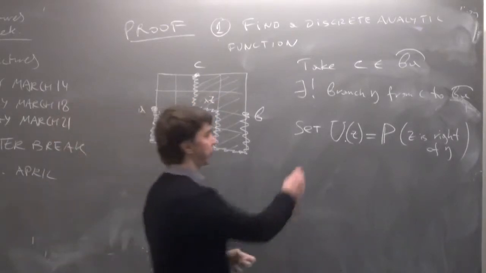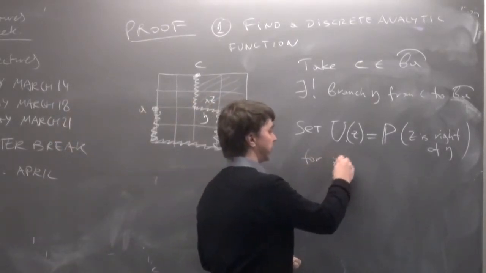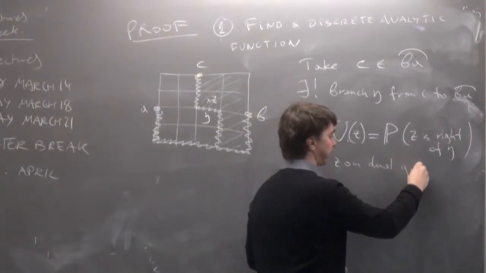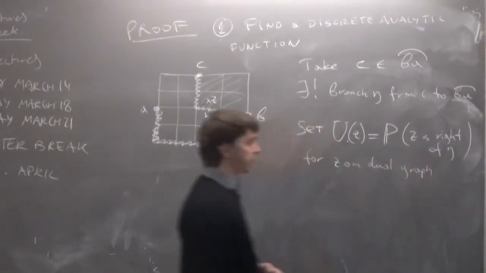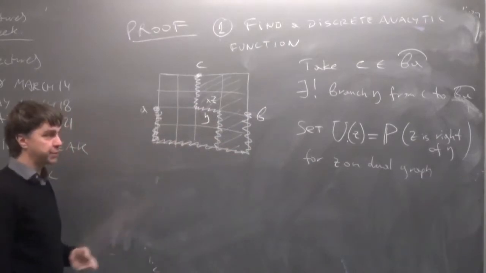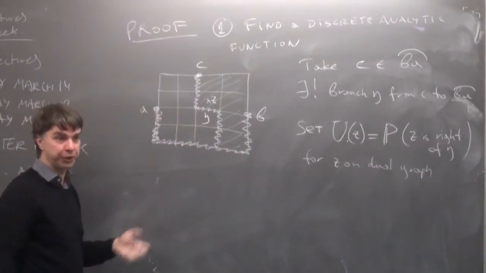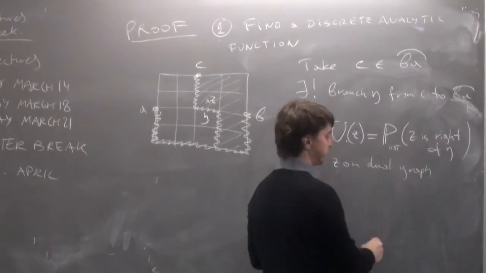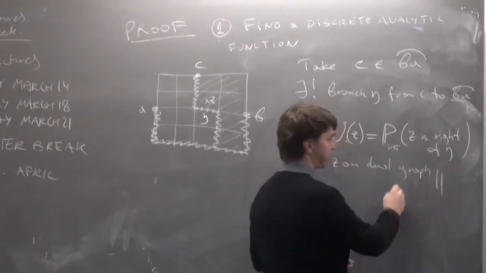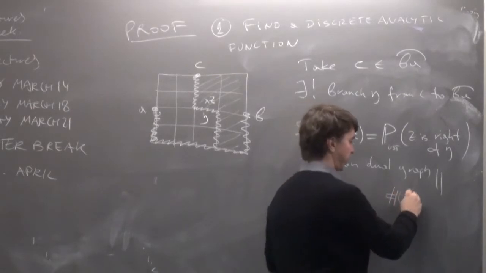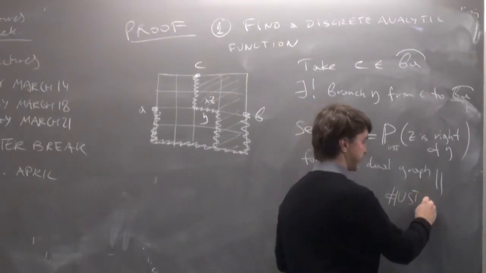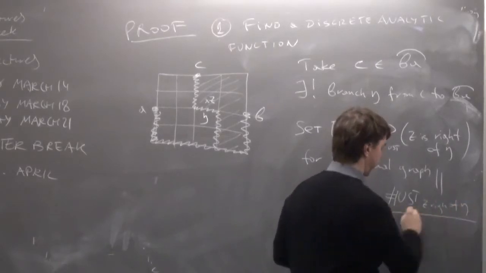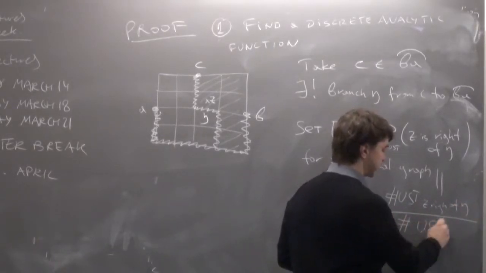So define it for z on the dual graph, the probability in the space of uniform spanning trees: the number of USTs so that z is right of eta, divided by the total number of USTs.